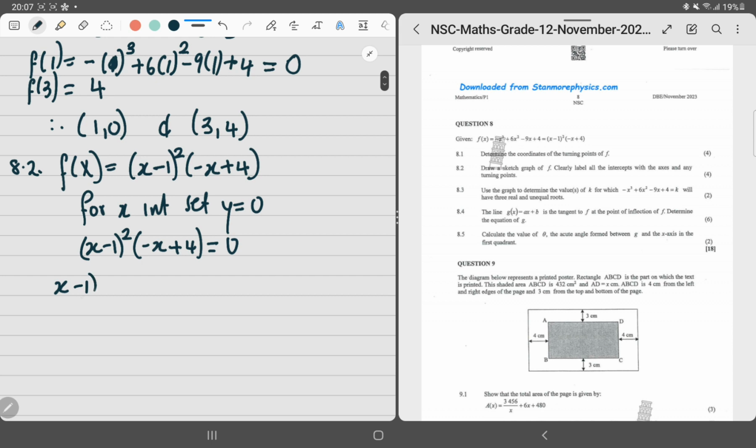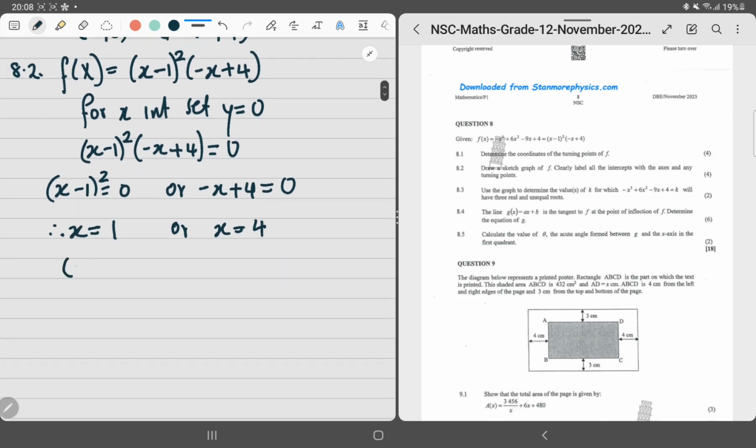So (x minus 1) squared should be equal to 0, or negative x plus 4 should be equal to 0. So the coordinates of the x-intercepts will be (1, 0) and the other one will be (4, 0).